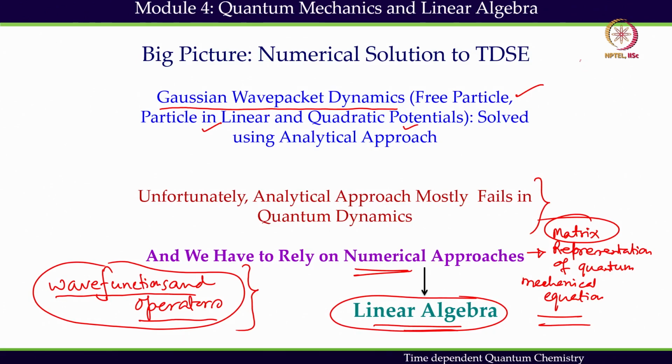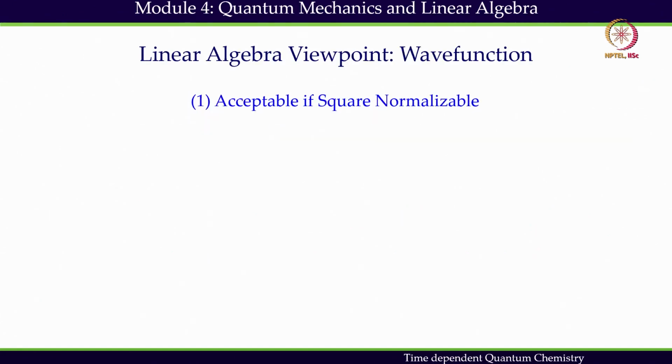We'll show that also. What does it mean by grid representation? So in the end, the discussion in this module will lead us to the place where we'll be able to get the numerical solution to the TDSE.